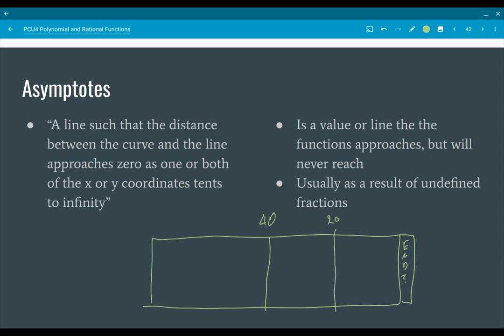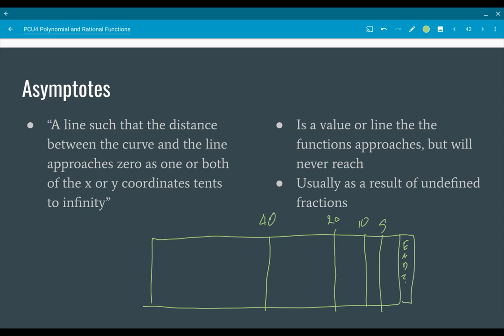Oh, penalty happens again. You can then go to the 10-yard line. Oh, penalty happens again. You go to the 5, so on and so forth. The penalty will never put you into the end zone. That's the asymptote. You can keep getting closer and closer, but you will never get there.